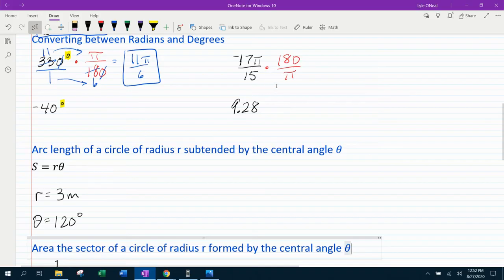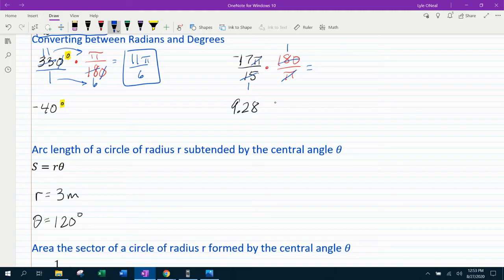Now, on the other one here, going from radians to degrees, notice that my pi's cancel, and then I'm going to simplify before I multiply. 15 will go into 180 how many times? 15 goes into 18 once with a remainder of 3. 15 goes into 30 twice. So that's 12 times. And so this is a 1 and this is a 1.